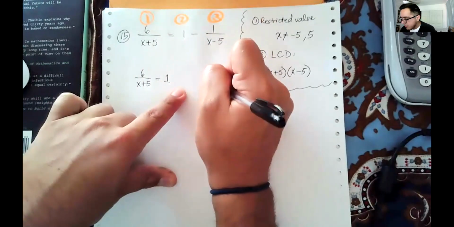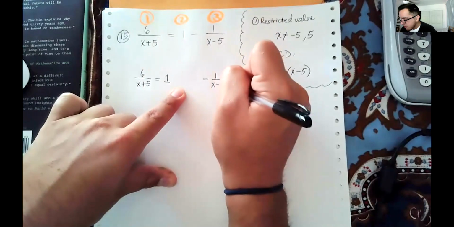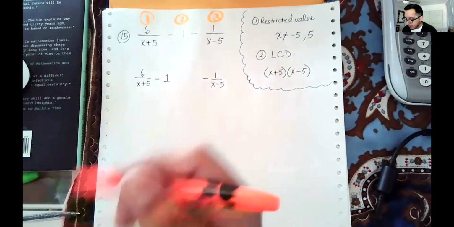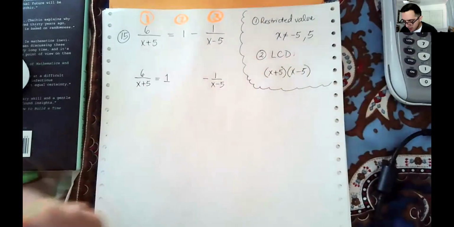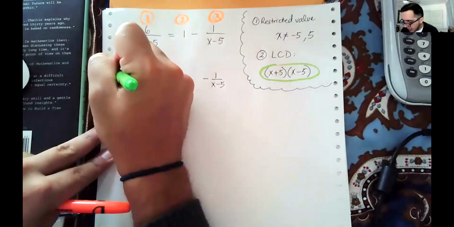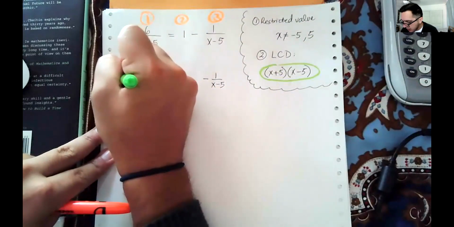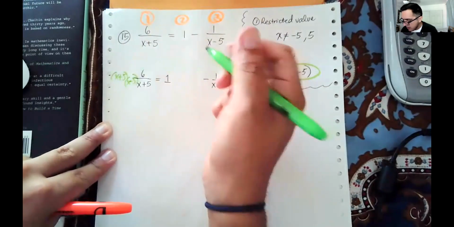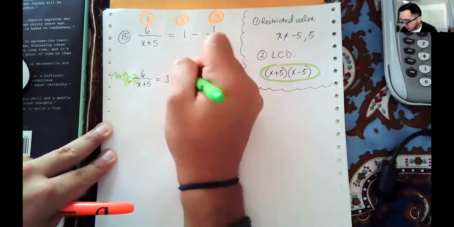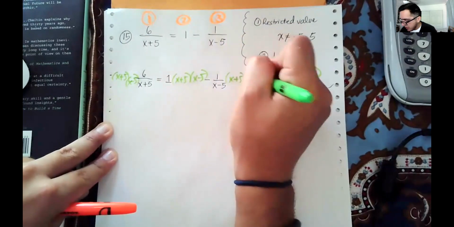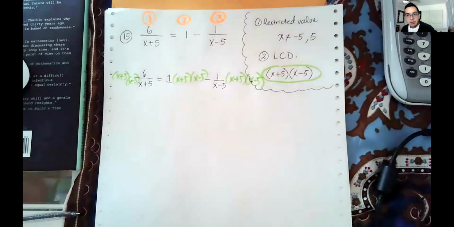And then next to each of the terms, I'll go ahead and write this LCD. It's x plus 5 here and x minus 5 there, x plus 5, x minus 5, x plus 5, x minus 5. Sorry, I ran out of space.